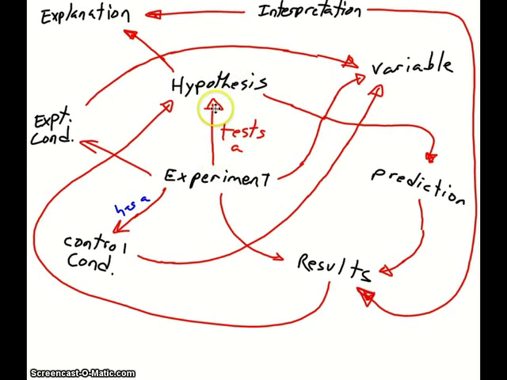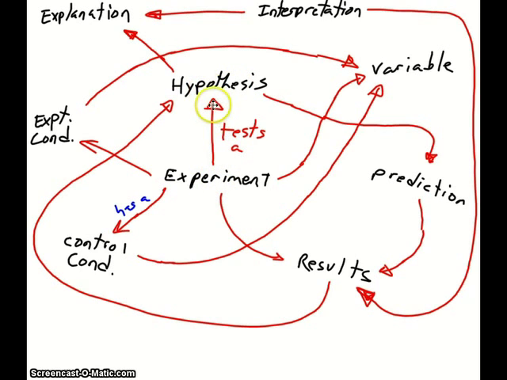So the direction of the arrow tells you how to compose the statement linking these two concepts. So you take the first concept here and then you write down the linking idea between the concept experiment and the concept of hypothesis. In this case, an experiment tests a hypothesis.